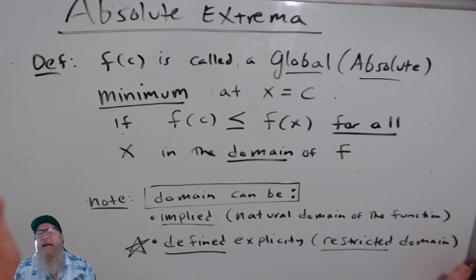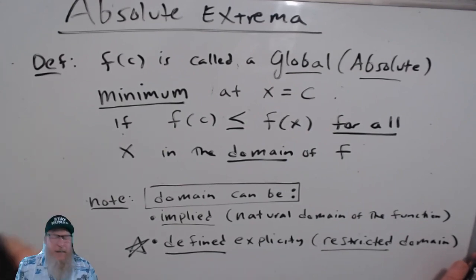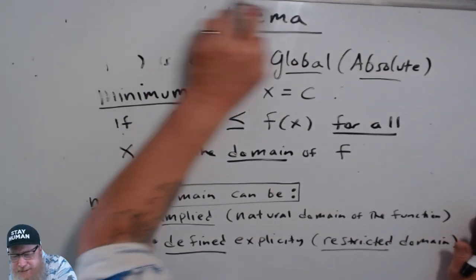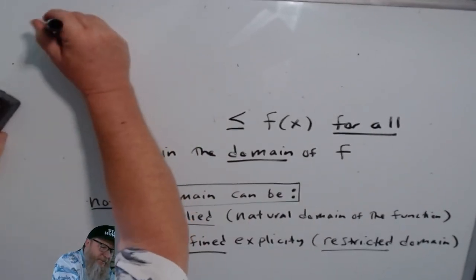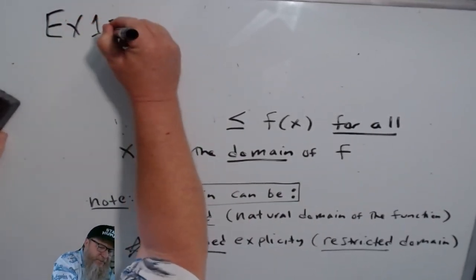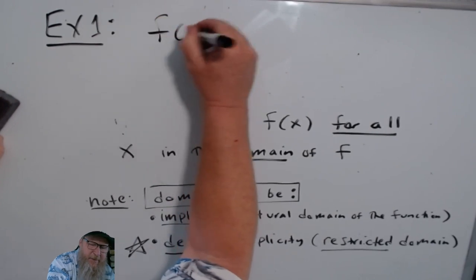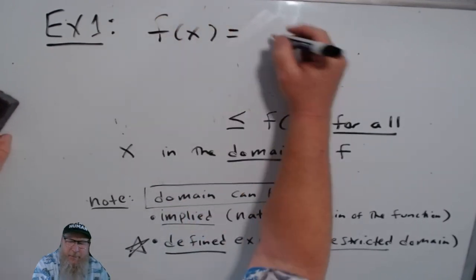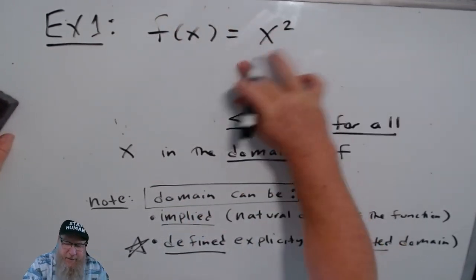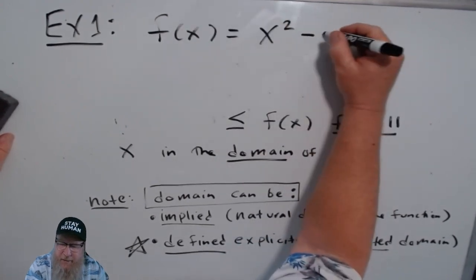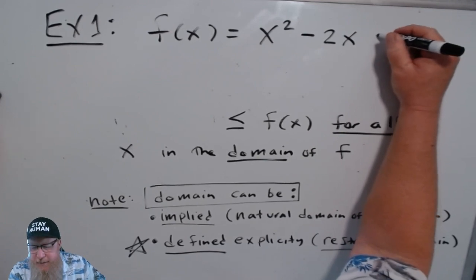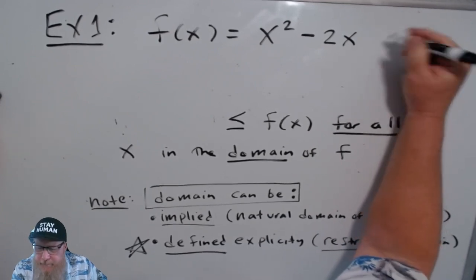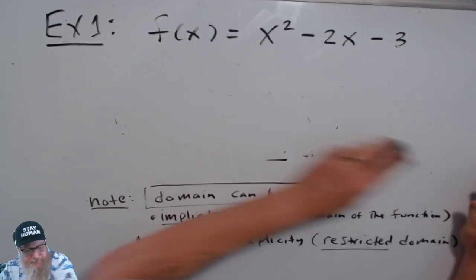So the classic example of a global minimum or maximum would be a function like this. Suppose I have x squared minus 2x minus 3.